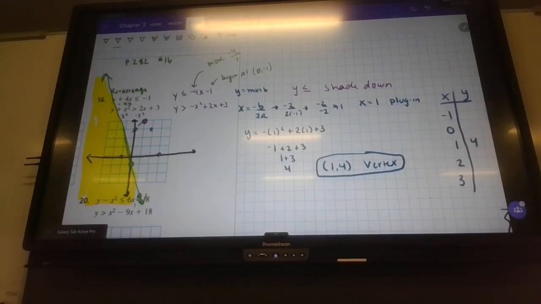And we're going to connect with a dash line. And then I'll give you a moment to decide, are we going to be shading inside that parabola or outside of that parabola? Inside or outside?